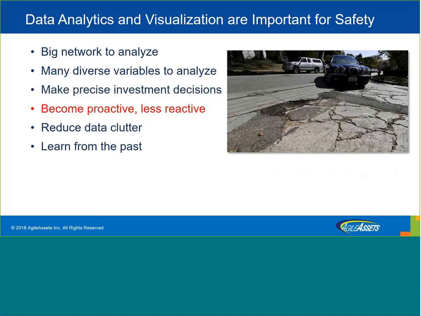We also need to be proactive rather than reactive, because the proactive safety management plan is something we consider to identify the locations on the network that need some safety improvement. For example, if you are not making good investment in roadways, in the long run the roadway will deteriorate and can be hazardous to traffic.